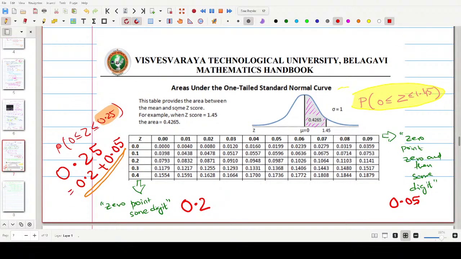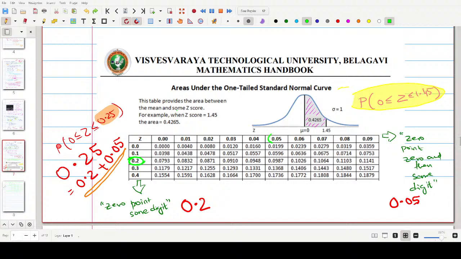correct? So what we do is find out where our 0.2 is in the first column. You can see that 0.2 is sitting right here. I have circled that with green. And 0.05 is sitting right up on the first row.